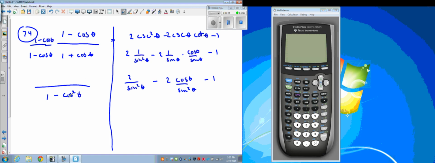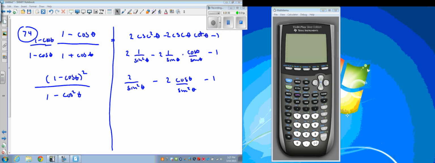And 1 minus cosine squared is sine squared, right? And then this one is 1 minus cosine theta, the quantity squared. So this thing here is sine squared. You see we got sine squared here.